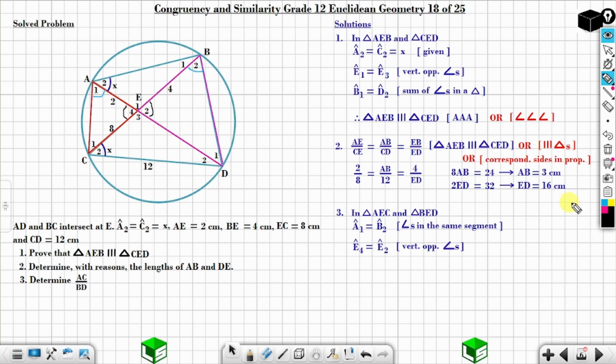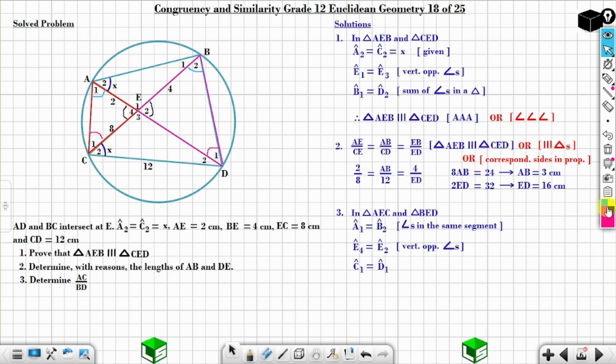In this triangle we are left with C1, and in this one we are left with D1. So automatically C1 is equal to D1.